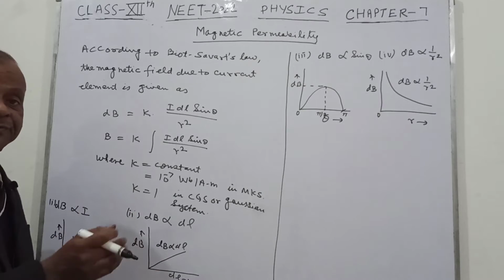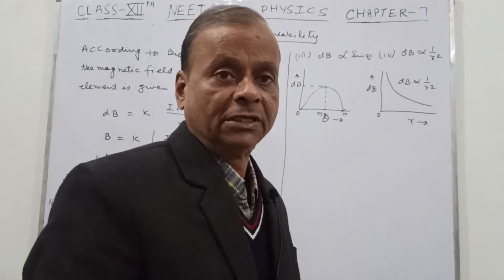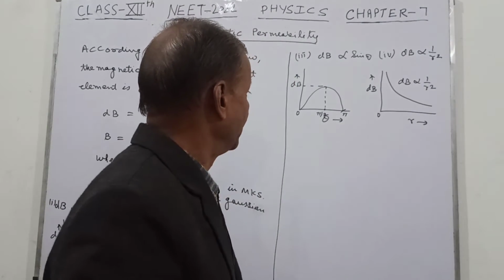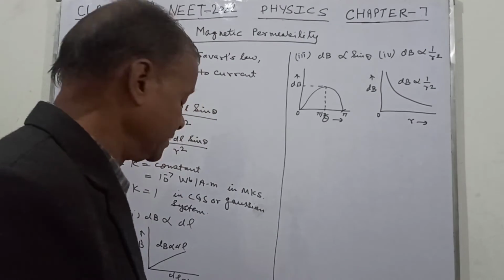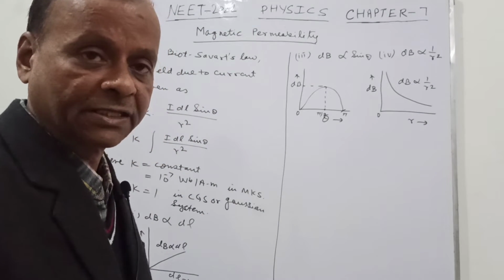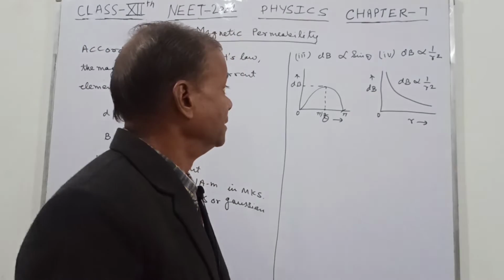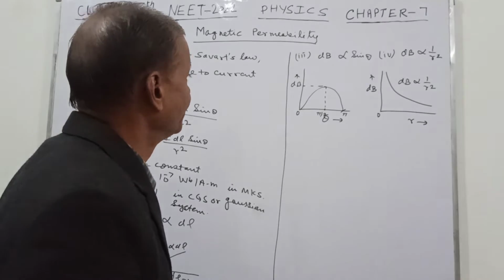So these are some of the graphs that give the variation of the magnetic field due to the current element, with the distance, the angle, the length of the element and the current flowing through the conductor.